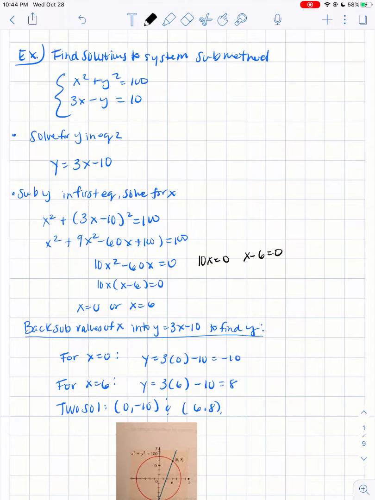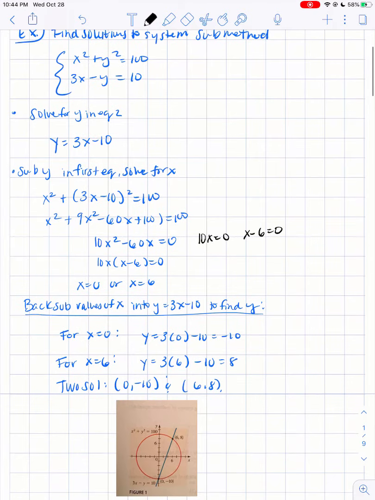Then I get x equals 0 or x equals 6. I'm going to back substitute these values of x into y equals 3x minus 10 and find y. For x equals 0, y equals 3 times 0 minus 10, which is negative 10. For x equals 6, y equals 3 times 6 minus 10, which equals 8.